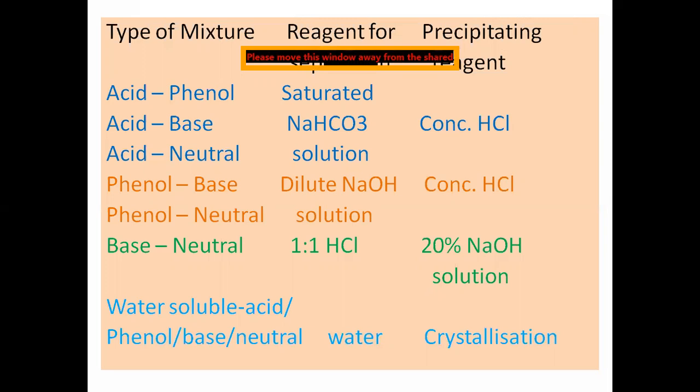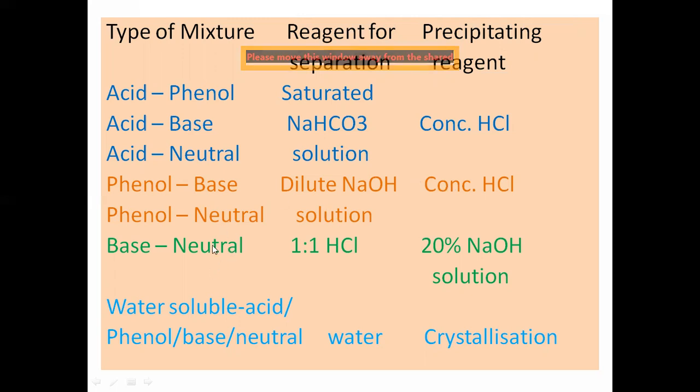When you filter it, your base will remain on the filter paper. Then in that filtrate, when you add concentrated HCl, you will get regeneration of the phenol. A solid appears, that means phenol is there. So for phenol base, phenol neutral, the separation reagent is dilute NaOH solution, and the precipitating reagent is concentrated HCl.